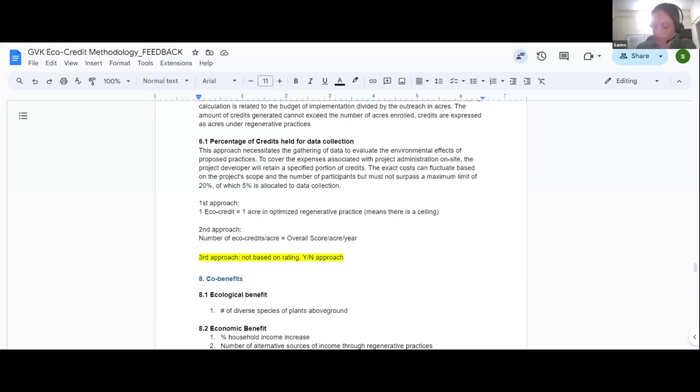Yeah, very good idea. And also what you mentioned, really looking at the cost benefit ratio, which of course the more complex you make it, the costlier it becomes to track this.